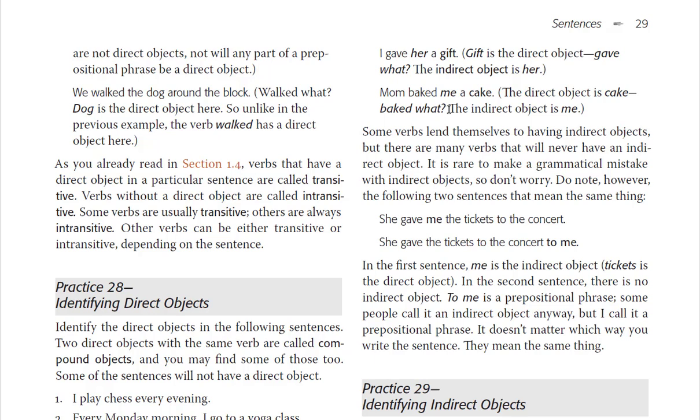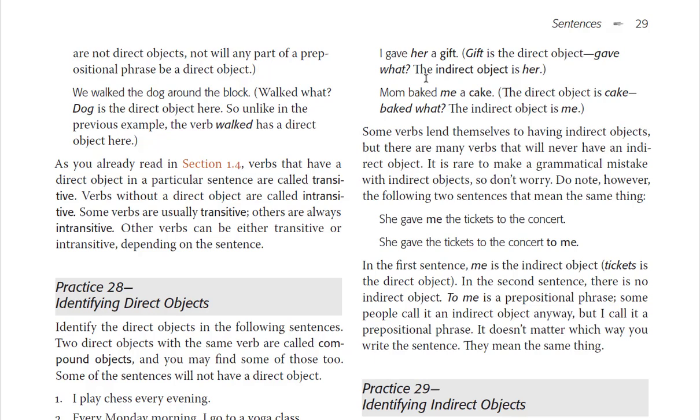Mom baked me a cake. The direct object is cake, because what did you bake? You baked a cake. But then for, Mom baked a cake for me. And so the correct sentence would be Mom, subject; baked, verb; a cake, direct object; for me would be the indirect object, and also it's the object of the preposition.